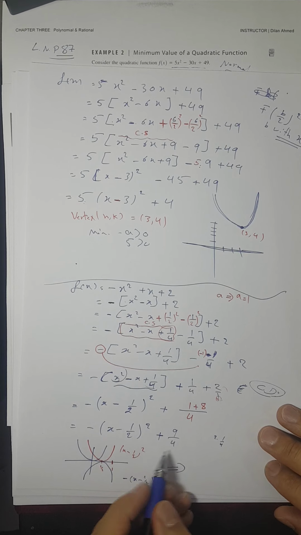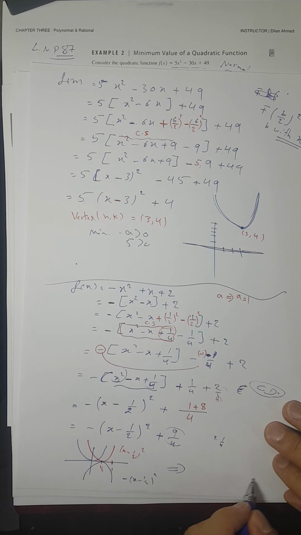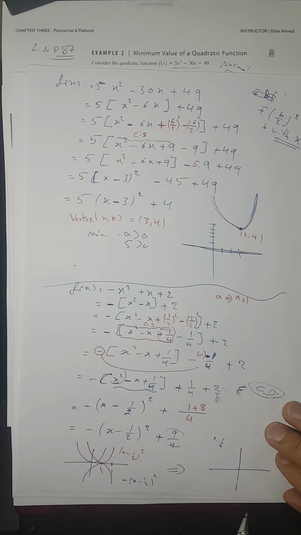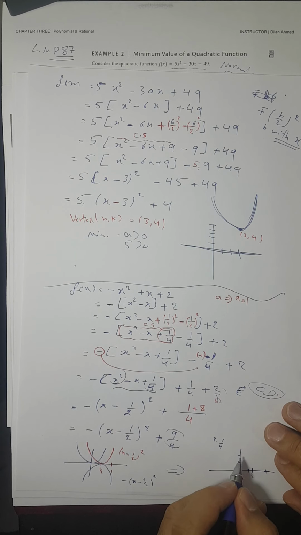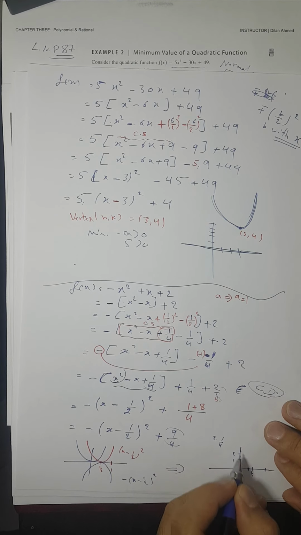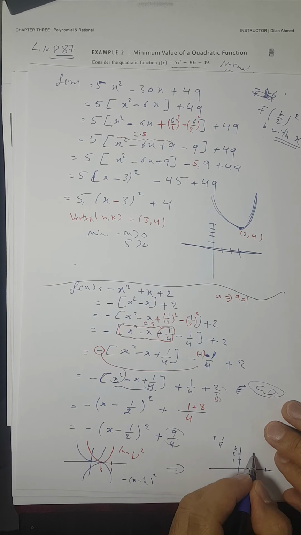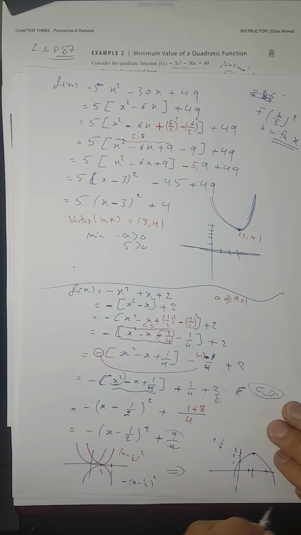And finally, we have a plus 9 over 4. So I'll get what? Here's my 1 over 2. So plus 9 over 4, 2 and a quarter. Here's 9 over 4. So finally, we get something like that.